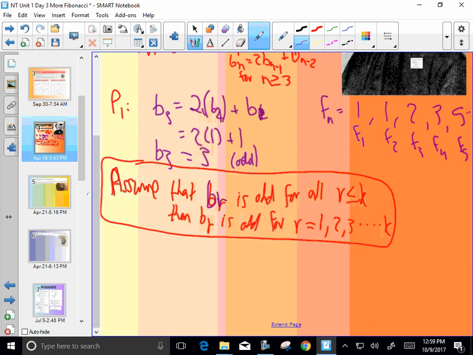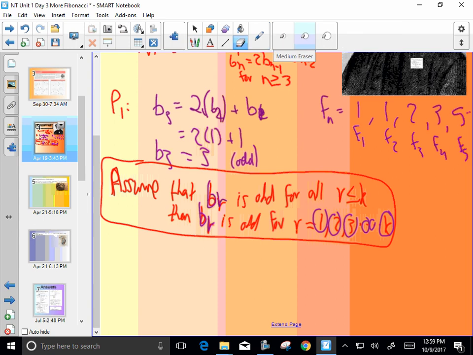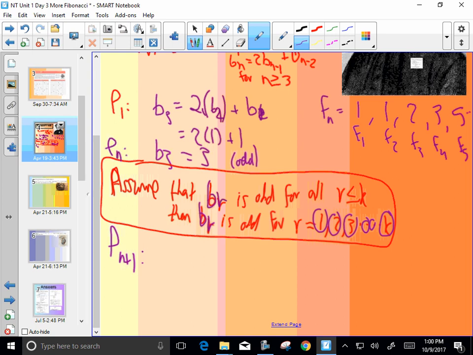B of R, instead of B of K, is going to use all these up to K. We're going to use 1, 2, 3 all the way up to K. And now all you have to do is P of n plus 1. That's the one we're going to do next. This is your P of n. This is your P of n plus 1.